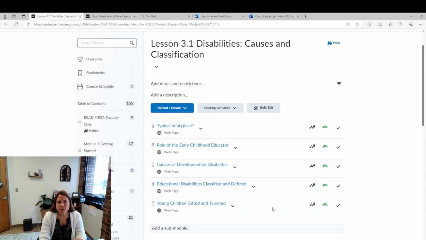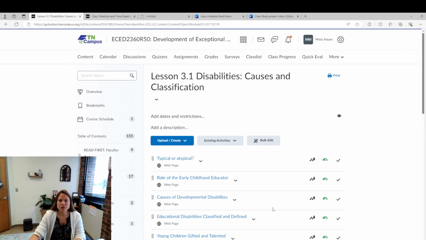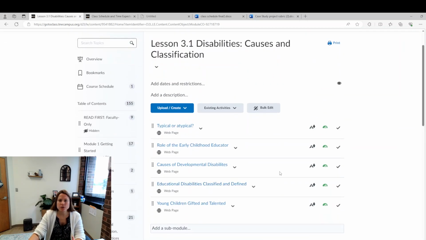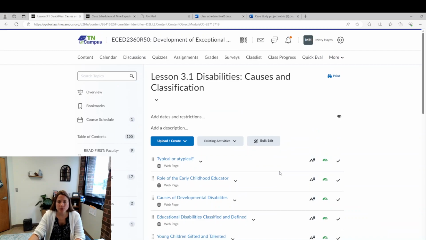What is the cause of some of these developmental disabilities? How are these disabilities classified under IDEA and the law? And then we have to look at those gifted and talented children as well.